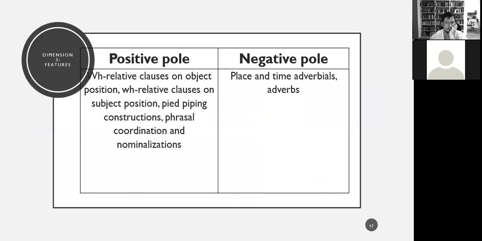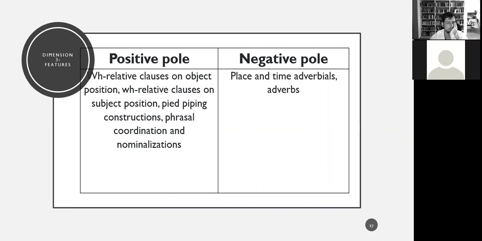So the positive pole is explained via the contribution of such features as WH relative clauses on object and subject position, pied piping constructions. So pied piping constructions are like a financial base on which to work. So this is an example of a pied piping construction. Then phrasal coordination and nominalization.